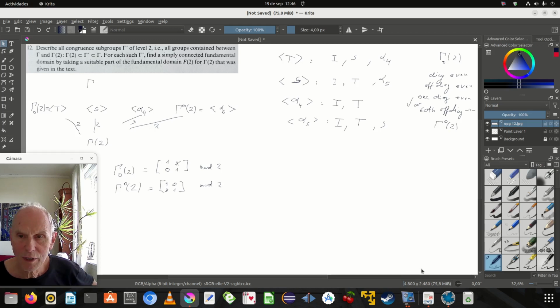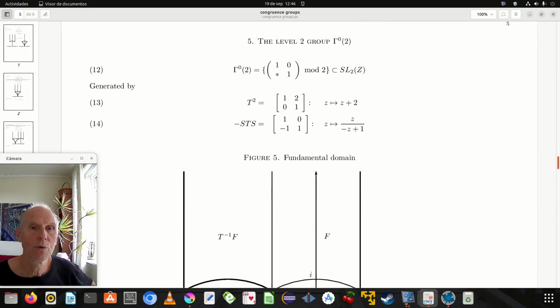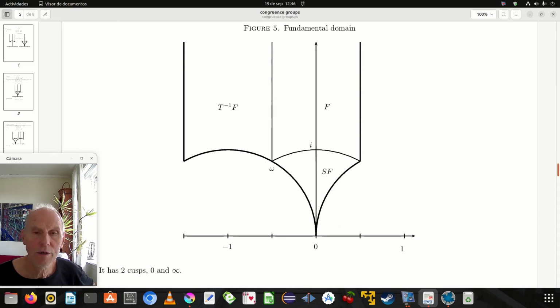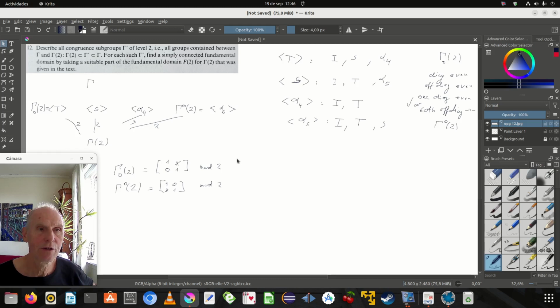And the final one, gamma upper naught. Yeah, gamma upper naught. And that's S and T, right. Well, that solves the problem.